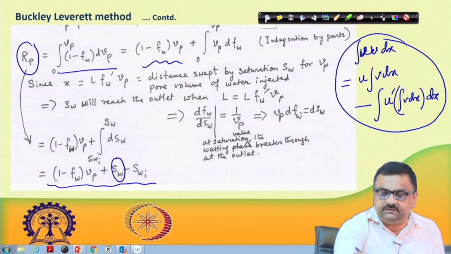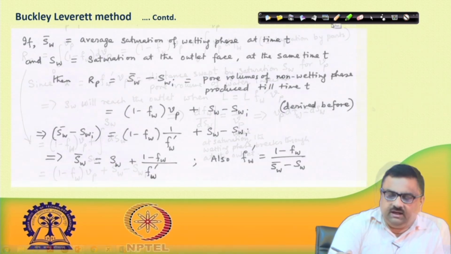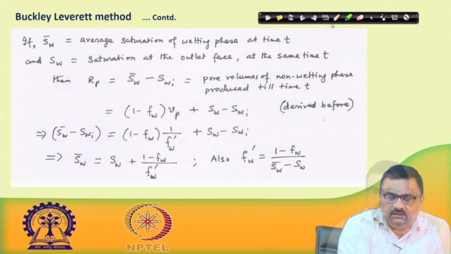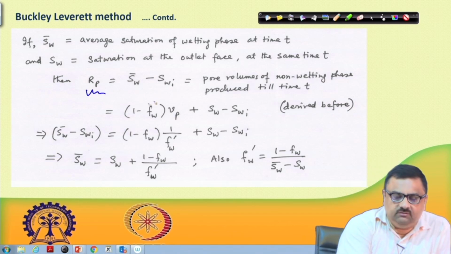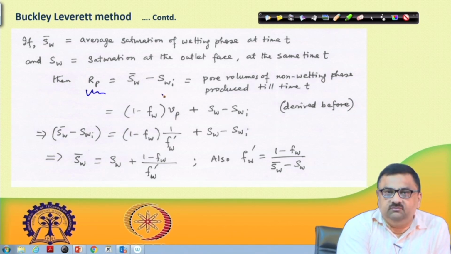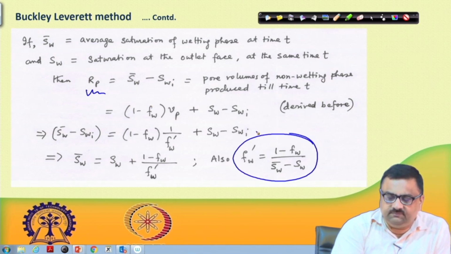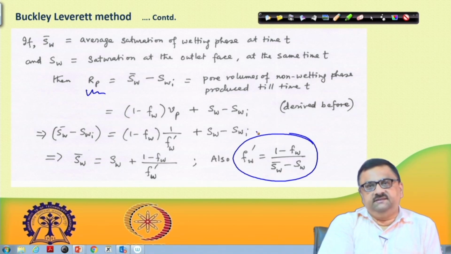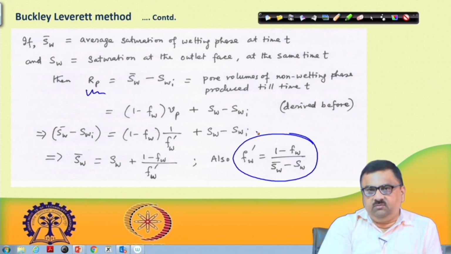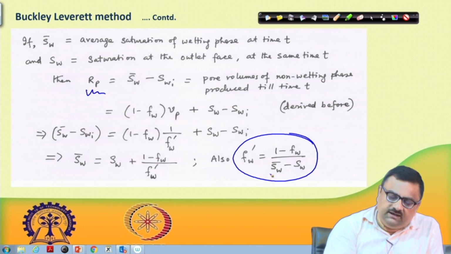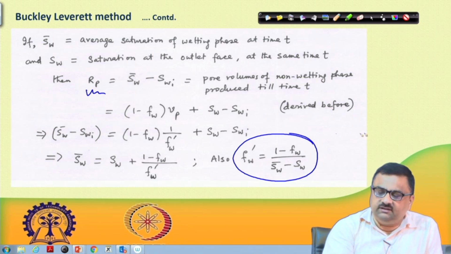And next, we had talked about this Rp being equal to Sw bar minus Swi, and equating these two, we ended up with the expression that Fw prime is equal to 1 minus Fw by Sw bar minus Sw. And mind it, Sw bar is the average saturation over the entire pore and Sw is the saturation at the outlet.